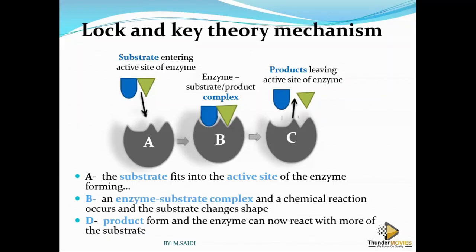Then the product forms, and the enzyme can now react with more of the substrate. It means that it goes back and reacts again over and over and over again. So that's how this works. We love to ask this. We really love to ask you that.